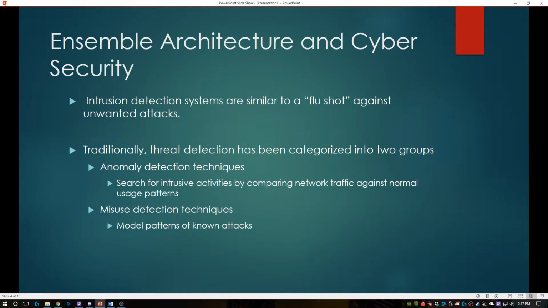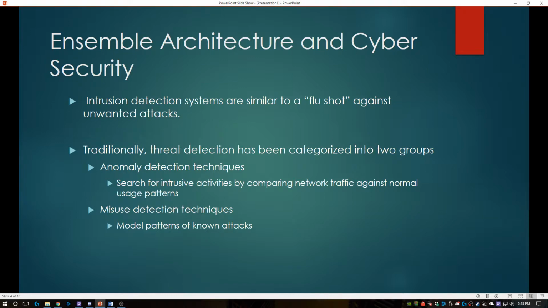If your normal spending activity is within your local area of where you live, and that same day somebody from Russia charges $5,000 to your credit card, your bank is going to flag that as an anomaly. So in relation to cybersecurity, your normal usage patterns of how you're using the internet and how your network traffic is coming in and out can be flagged if it's viewed as being abnormal.